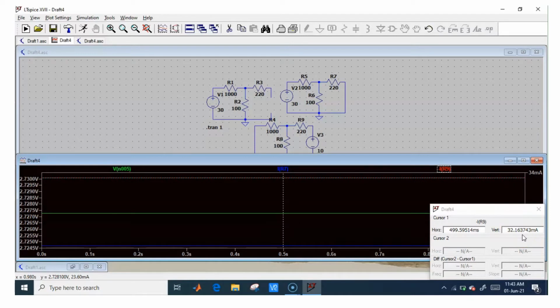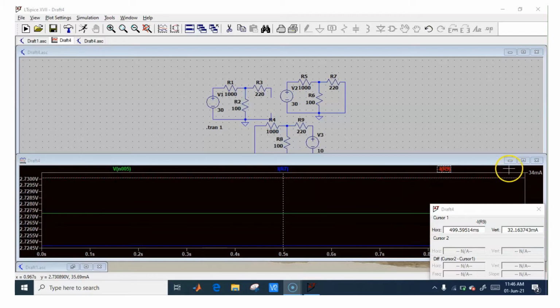So what is our voltage? 10 divided by 0.0032. The resistance we are getting is 310.9, that is, voltage is 10 and the current is 32 milliamp, that is 0.032. So 10 divided by 32 milliamp will give you the equivalent resistance, that is 310.9 ohms.